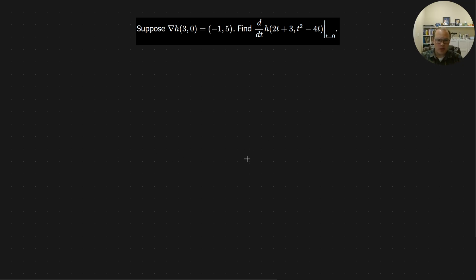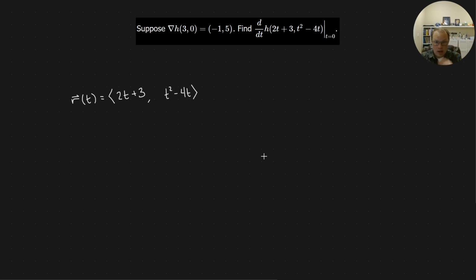So let's make sure we understand what we're doing here. These two components, that's my vector valued function. So r of t is equal to (2t plus 3, t squared minus 4t), with 2t plus 3 as the first component and t squared minus 4t as the second.